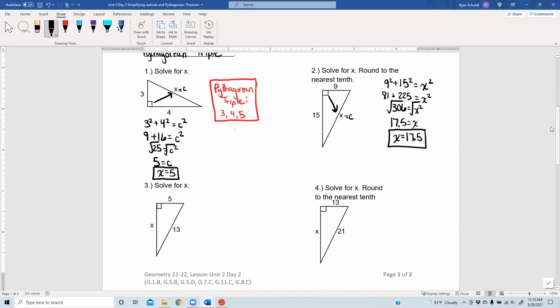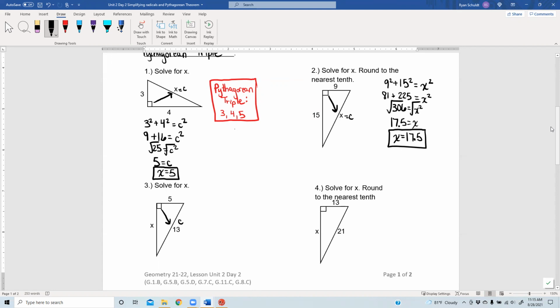Let's look at number 3. Again, first step, label the C. I go across from my right angle. There's my C. That's the hypotenuse. Notice this time that the C actually has a value.